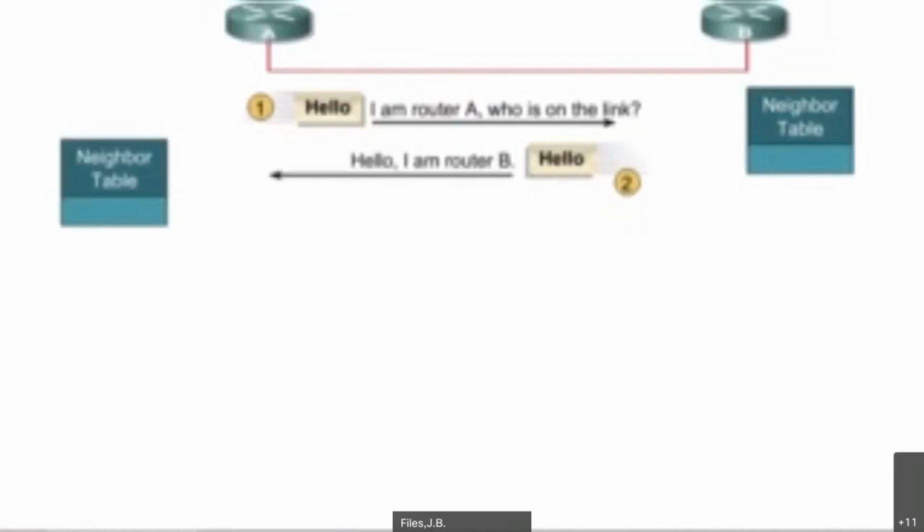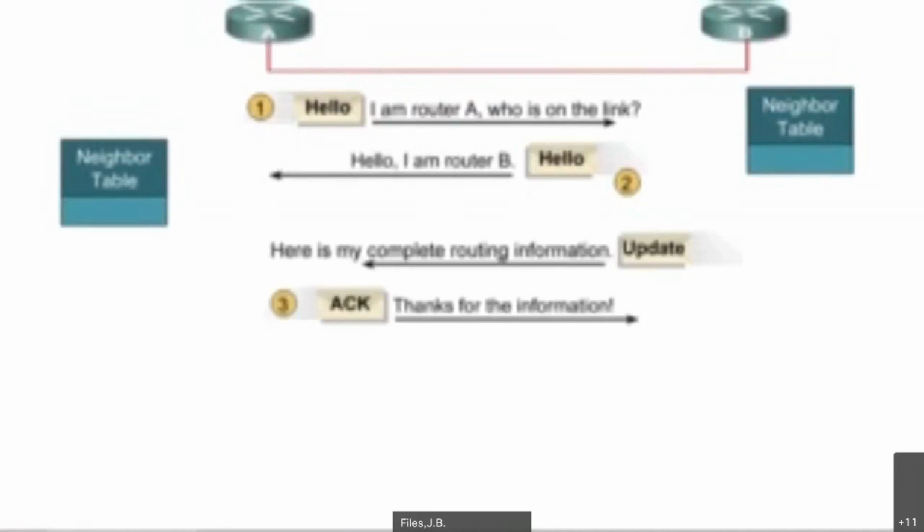Okay. Once they find out about the other neighbor, they're going to send an update. Here's my routing information. Okay. And router B heard about router A first, so it's going to send an update. We're not wasting time with an election or anything. Just, you find out you got a neighbor, send them your update. And then, of course, number 3 there, router A is going to acknowledge that information, okay?